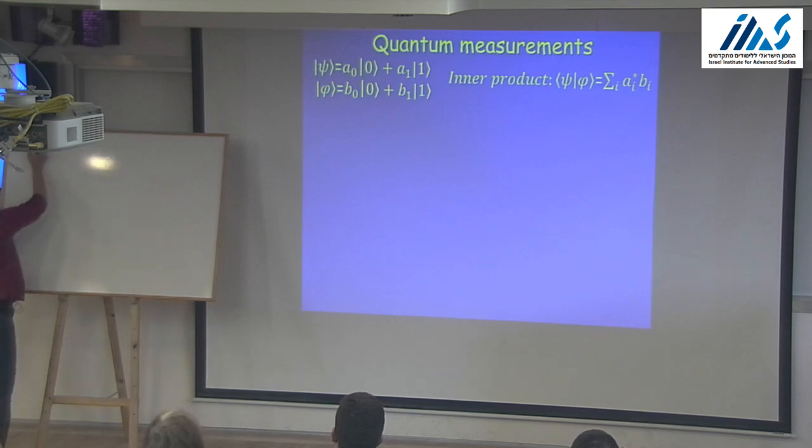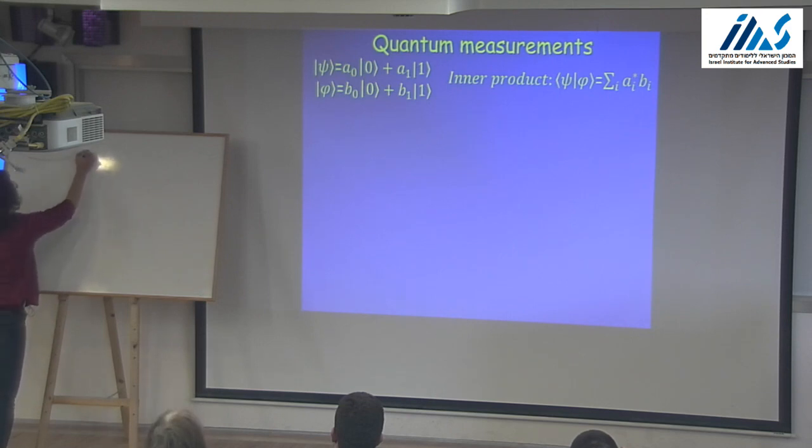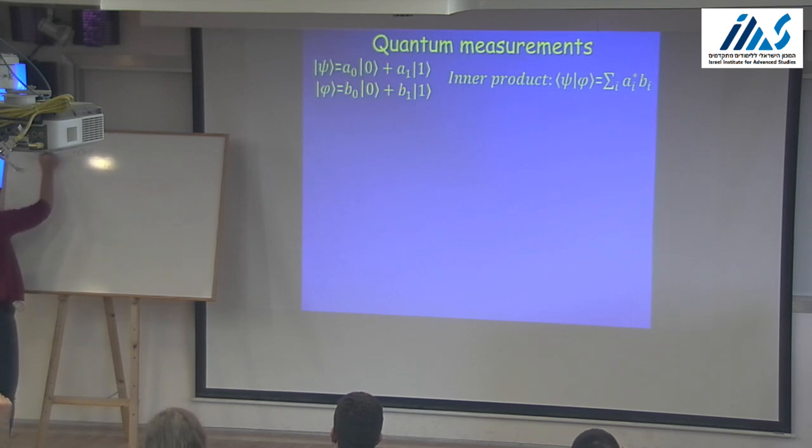But if you want to think in vector notation, then psi, like that, will be A0 star and A1 star. That's the lying vector. And phi is the standing vector, and then the coefficients come without any star on them. And then the inner product is just the usual inner product, like matrix multiplication.